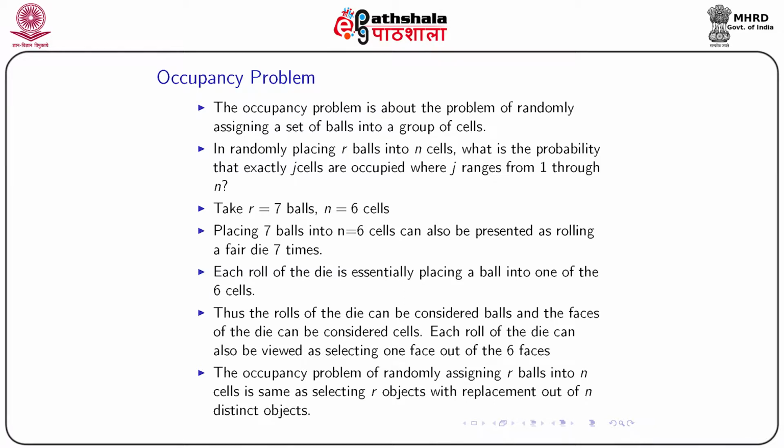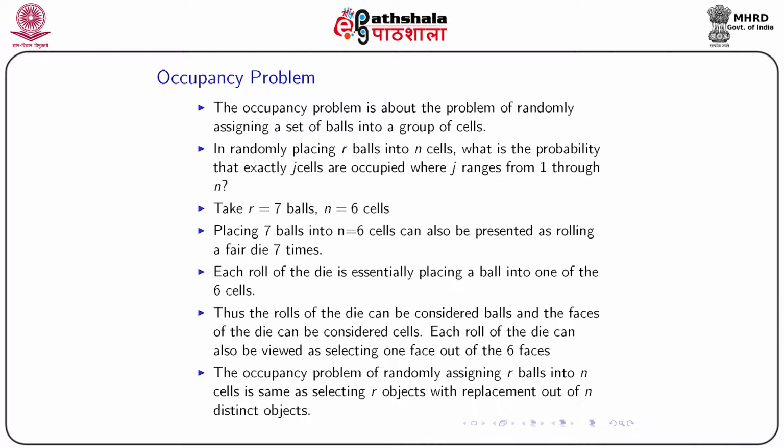To make our life simpler, we start with an example: suppose we have 7 balls and 6 cells. The problem is to place these 7 balls into 6 cells. We can view placing 7 balls into n equals 6 cells as rolling a fair die 7 times, because a die has 6 faces.